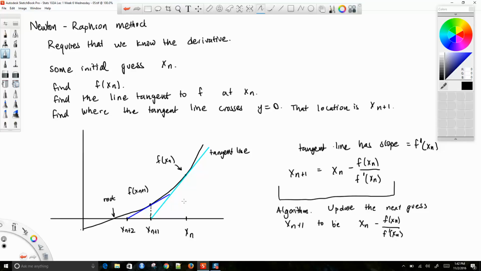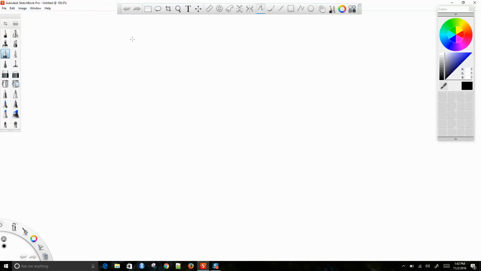So the secant method is basically the same as this, except you have a non-zero delta. And so it doesn't actually require you to find the derivative. It just requires you to calculate two values of x. You take a value x of n and then an x of n plus delta. So for the secant method, I'm going to just do this very quickly.